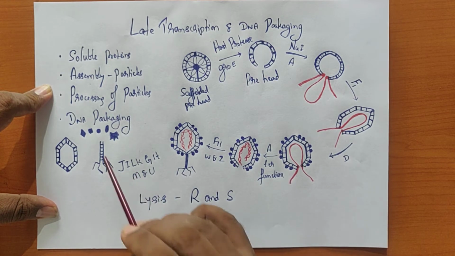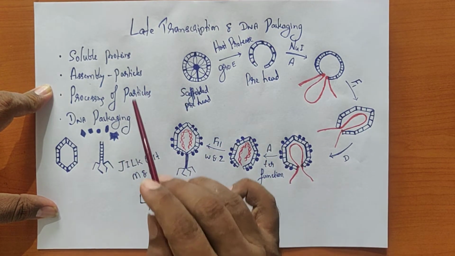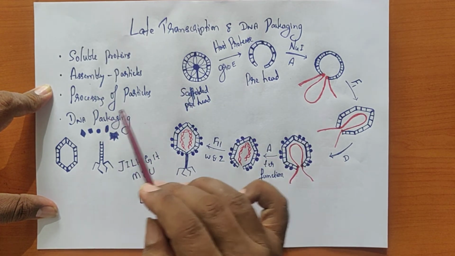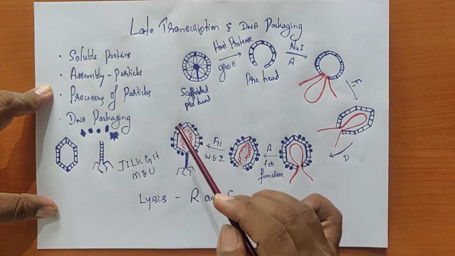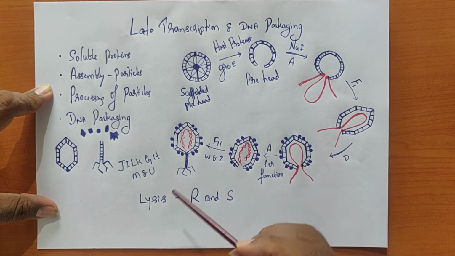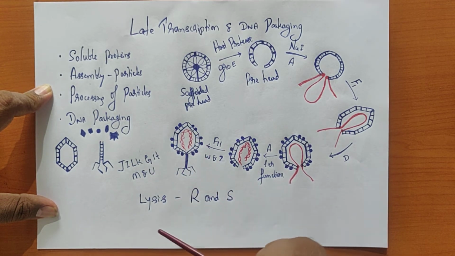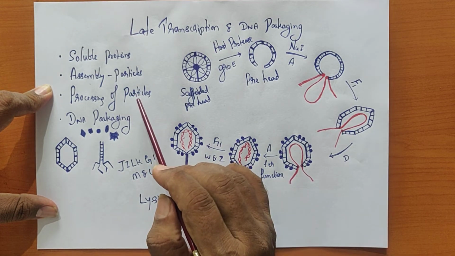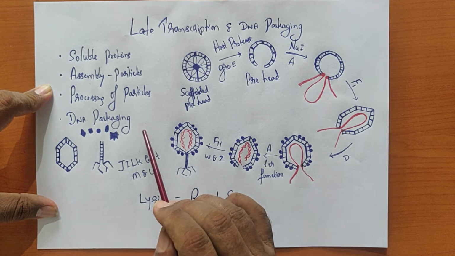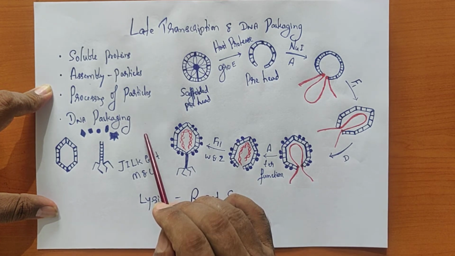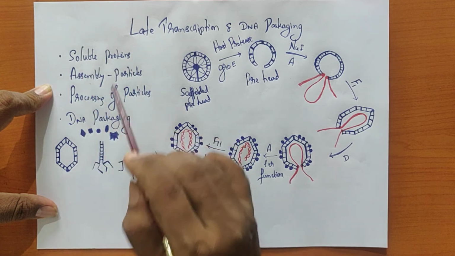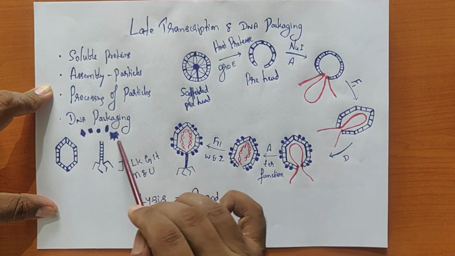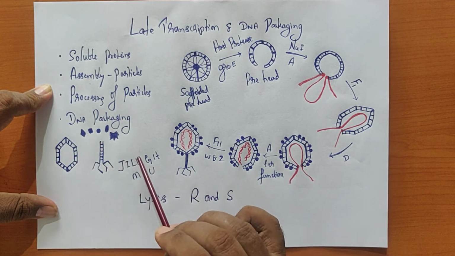They initiate late transcription, which is transcribed into mRNA followed by protein. How are these proteins assembled? They started the lytic cycle and stopped the reaction very early. Then they found that all the head and tail proteins are present in the form of soluble proteins. They are not even assembled yet.